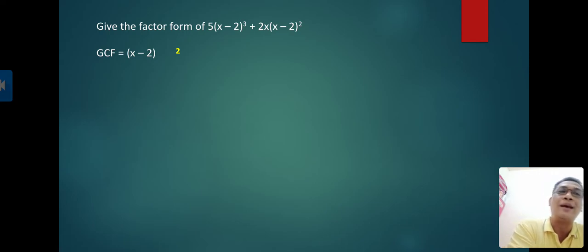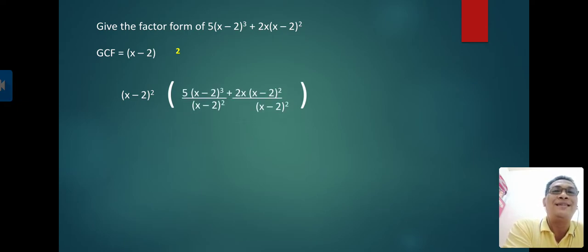Let us try to get the factored form. We have the GCF (x - 2)^2 multiplied by your original polynomial divided by your GCF. So (x - 2)^2 can be cancelled out, and we have x - 2 left in the first term.